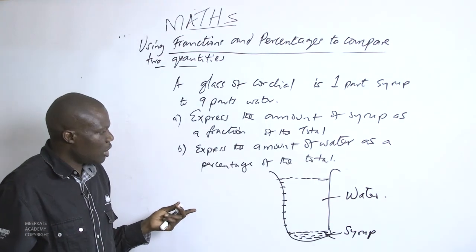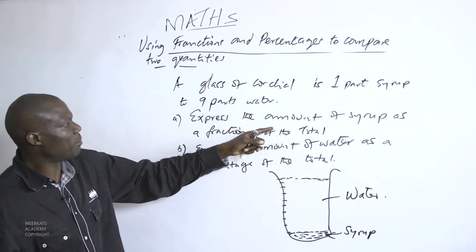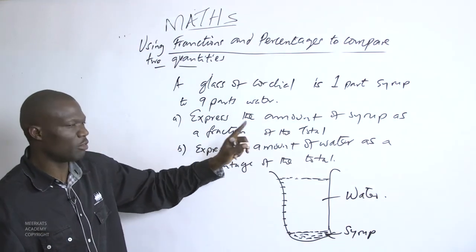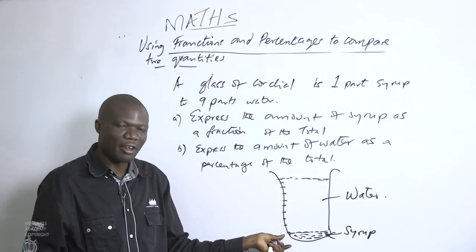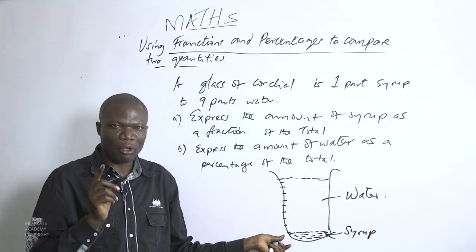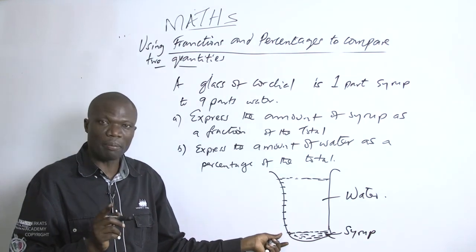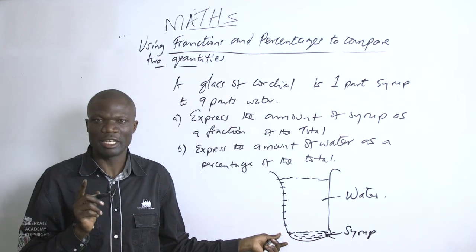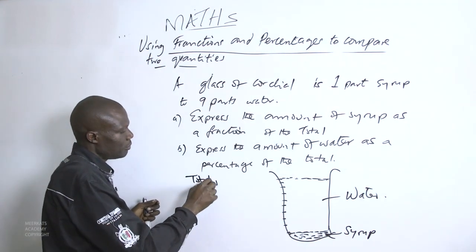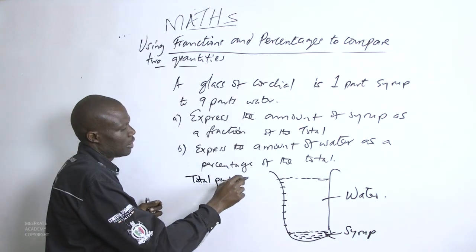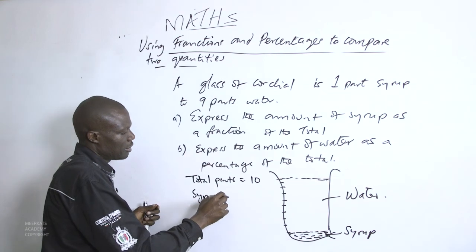Now, how do we find it? For part 1, express the amount of syrup as a fraction of the total. So here, how many parts does syrup make? You realize that it is 1 part while water makes 9. So total parts is 10. For syrup it is 1.